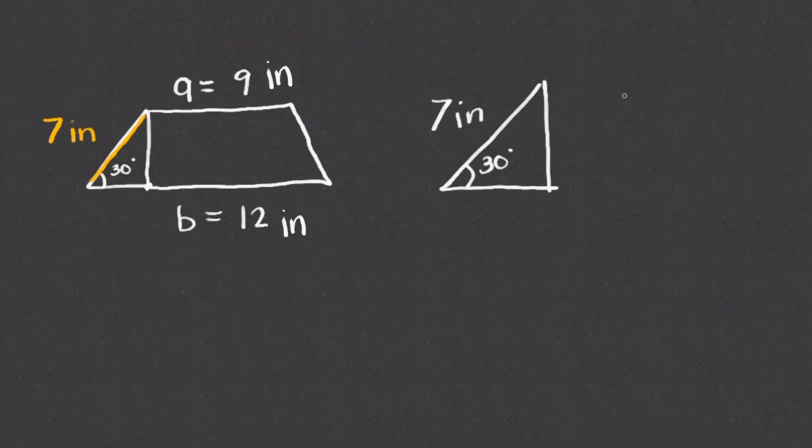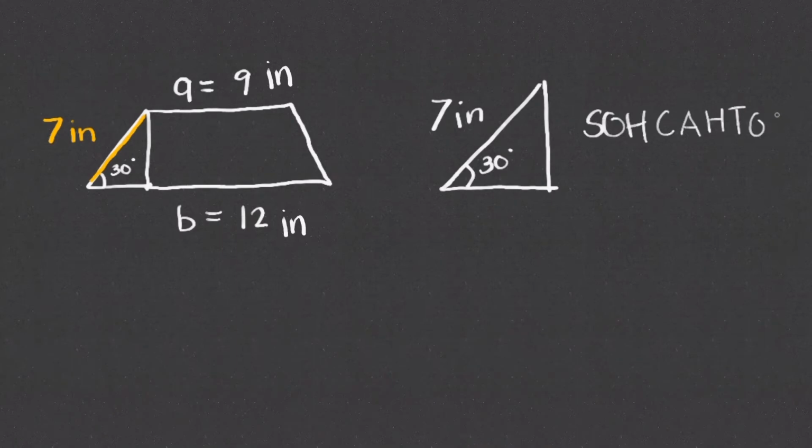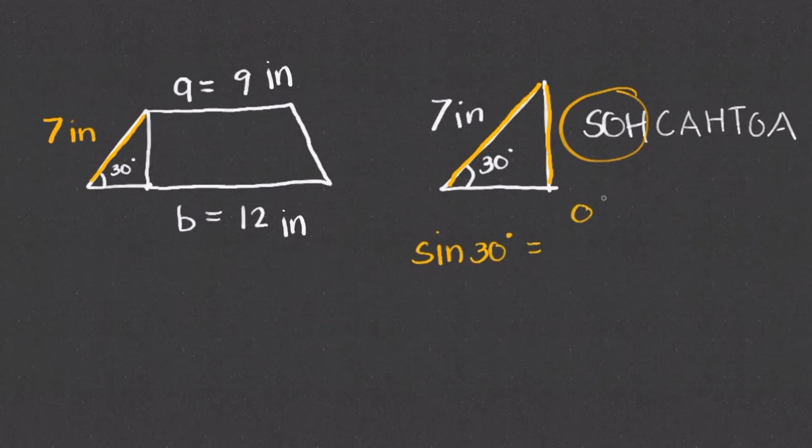To solve for this triangle, we need to remember the mnemonic SOHCAHTOA. And since we're finding the opposite, and we have a given hypotenuse, we're gonna use the SO, in which sine theta, which is 30 degrees, is equal to opposite over hypotenuse, which is 7.